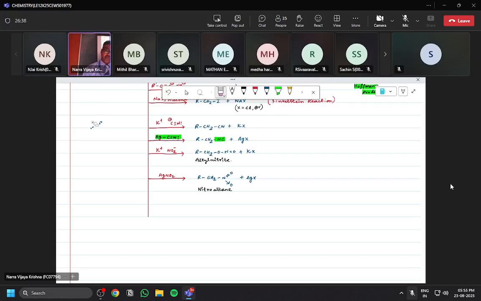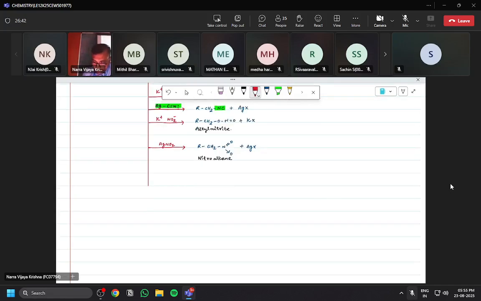Next one. I am writing it as R2 prime CuLi. What is this reagent called? This reagent we use in Corey-House synthesis.